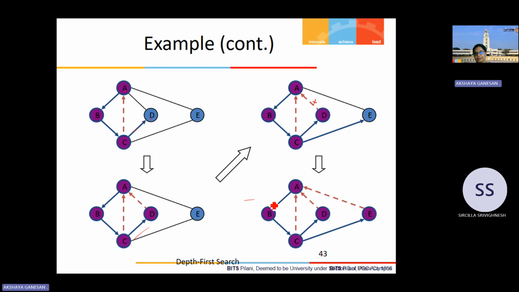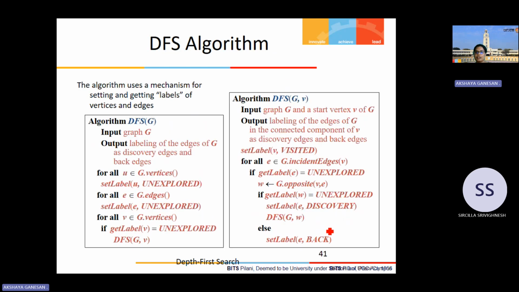So I go to E. And this becomes a back edge. Okay, so I don't complete all nodes of A and then go to B. That is, I don't complete one level and then go to the next level like that in a DFS algorithm. So I just travel through the depth and then backtrack.